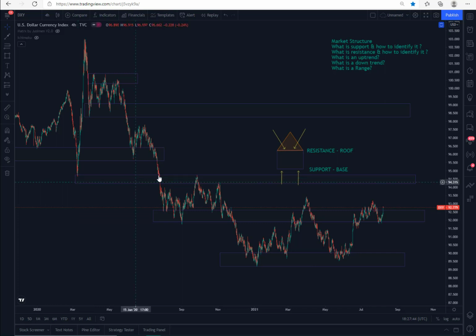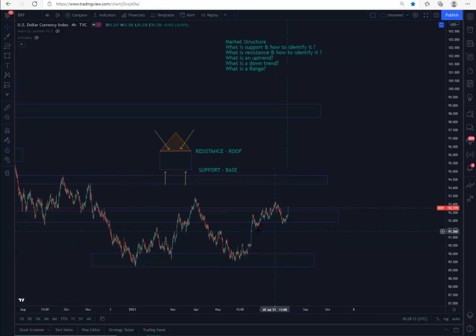Price broke through this area, and now it's your new resistance. It bounced off support, came back here to find resistance again, broke through support, created new support, and now this area of previous support is acting as our new resistance. It came back down here to our support, and is currently sitting down at our resistance.